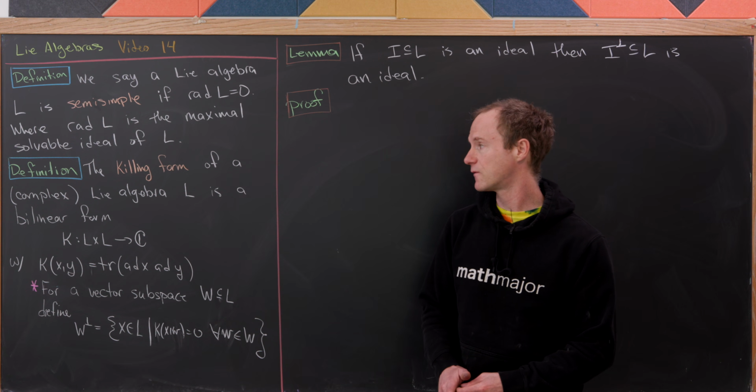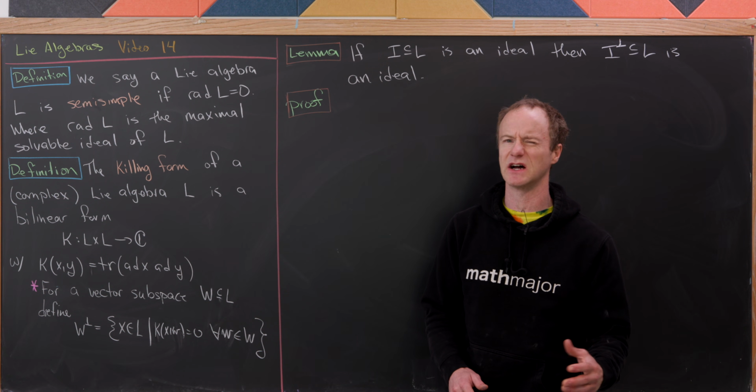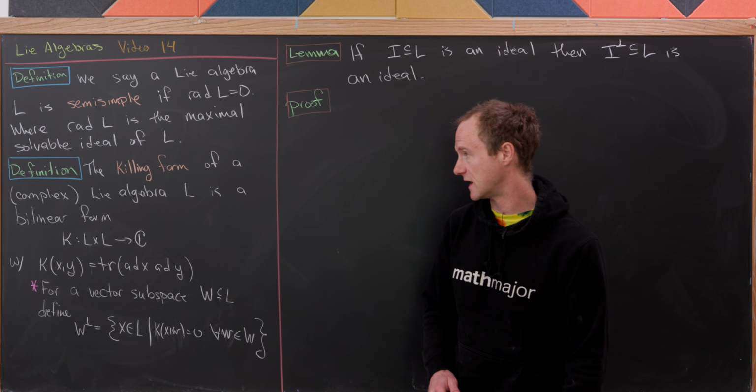And so the Killing form of a complex Lie algebra, this could be defined over a Lie algebra with an arbitrary field, but we're going to deal with complex Lie algebras today.